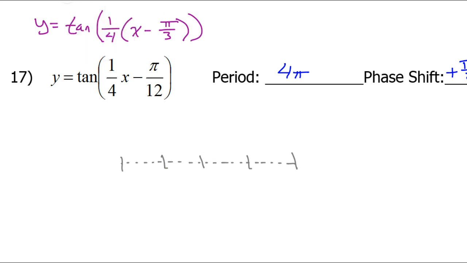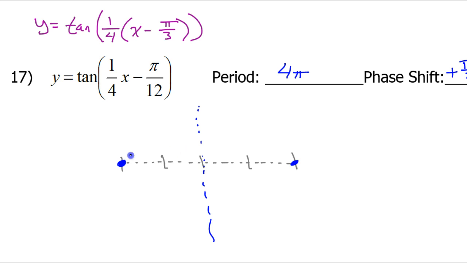So I want you to memorize that tangent begins and therefore ends its period on the midline. And right in the middle, there is an asymptote. Okay, you just really need to memorize that. Tangent begins and ends on the midline.